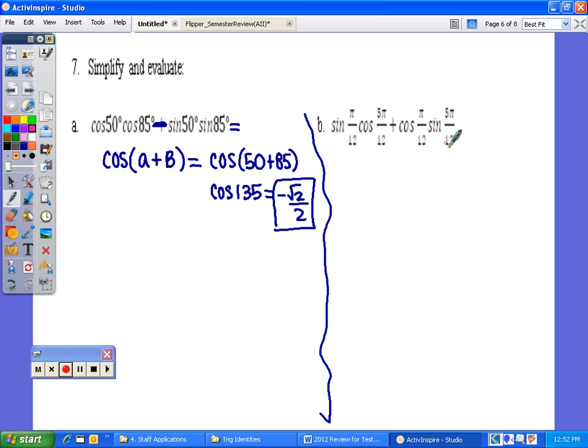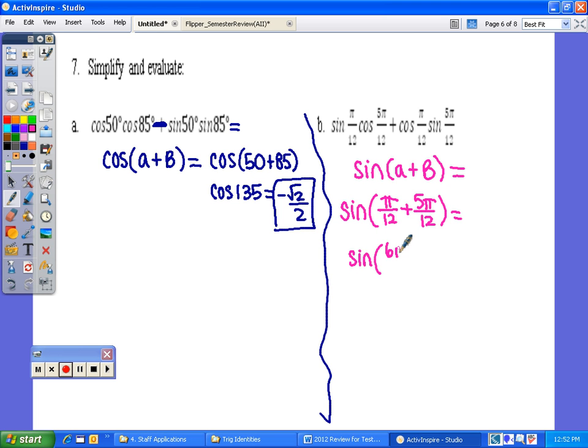Look at the expansion. This best resembles sine of A plus B. Alright, so that means it's the sine of pi over 12 plus 5 pi over 12. That's simplified to 6 pi over 12.